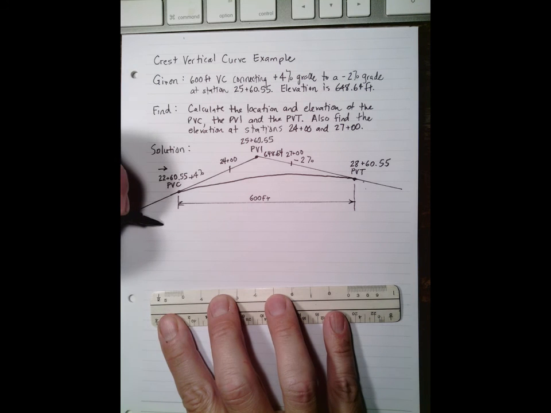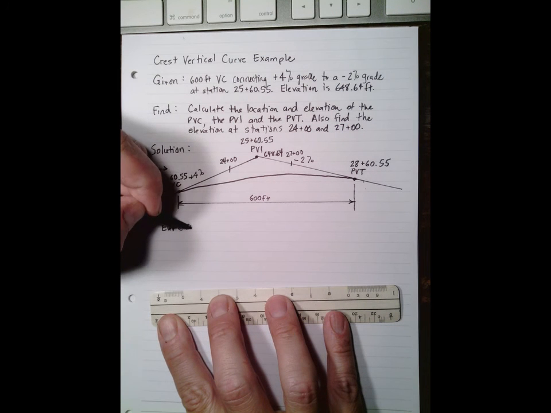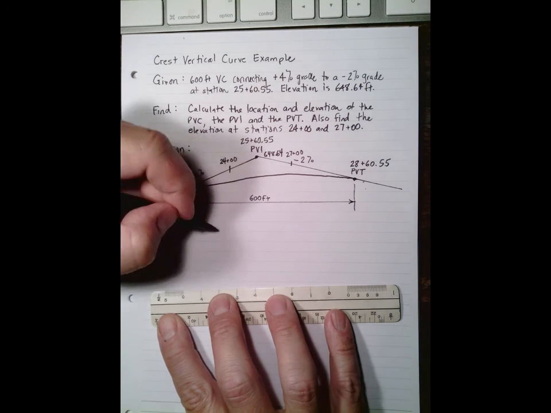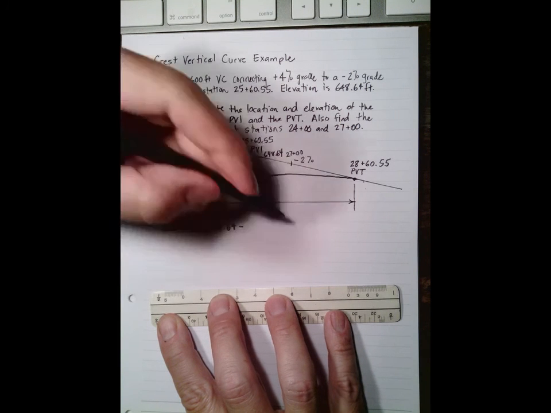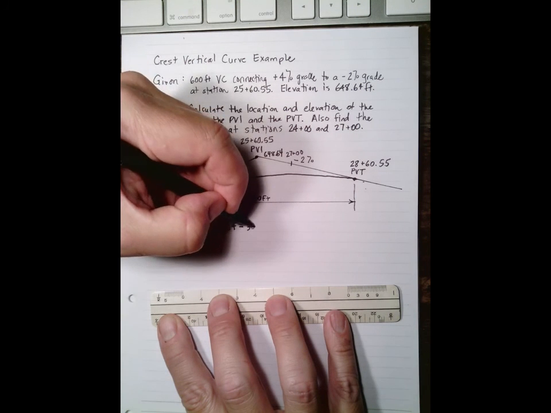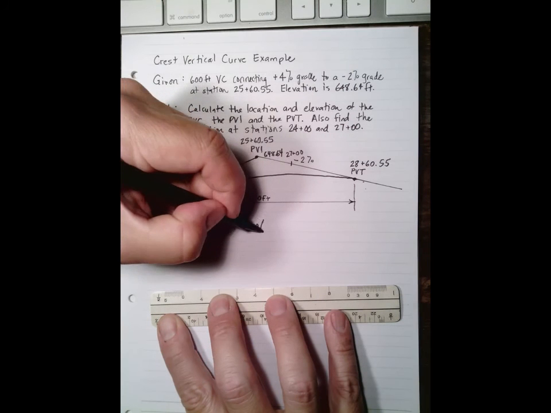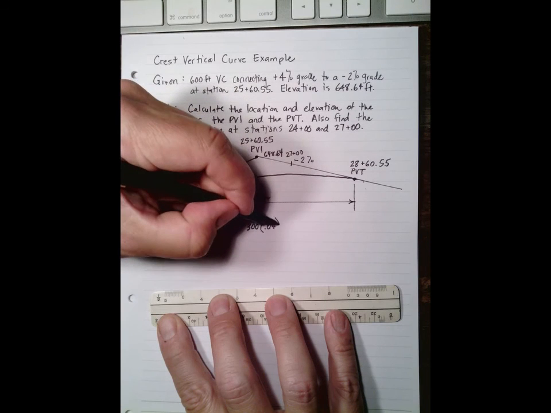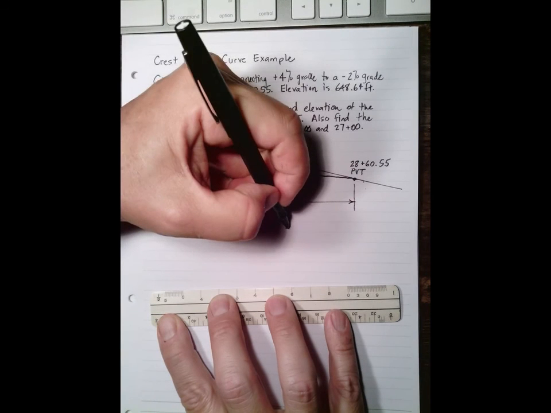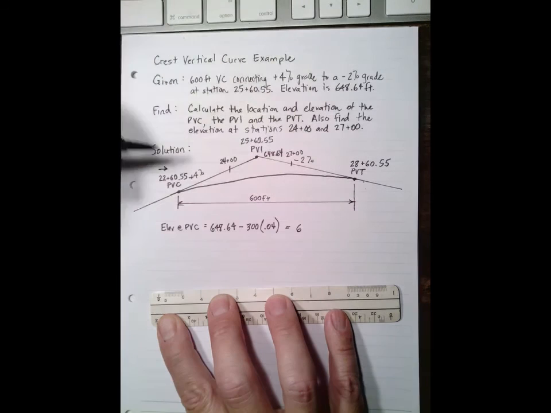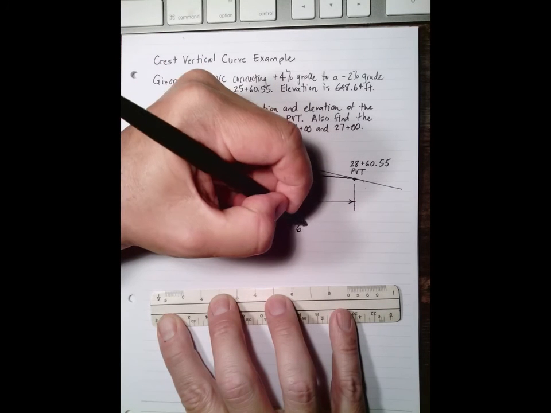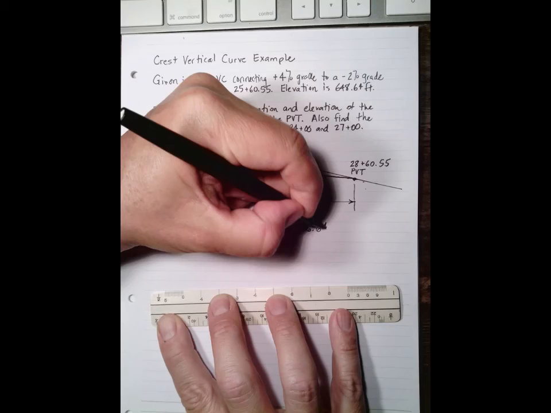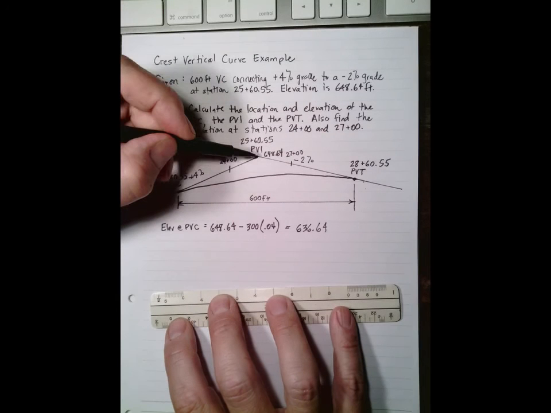We can calculate the elevation at the PVC. So that's going to be 648.64 minus L over 2, which is 300 feet, times 4%. So the elevation of this point at the PVC is 636.64. And then we can do the same thing.